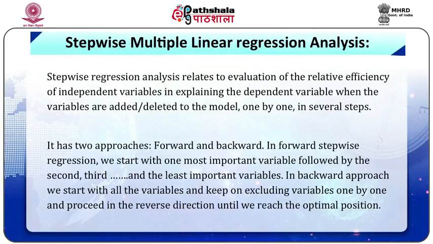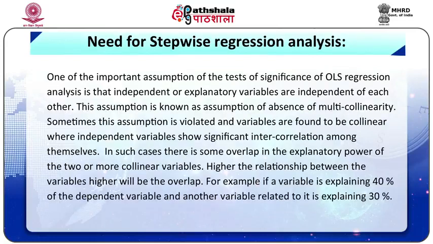In forward stepwise regression, we start with one most important variable followed by the second, third and the least important variables. In the backward approach, we start with all the variables and keep on excluding variables one by one and proceed in the reverse direction until we reach the optimal position.